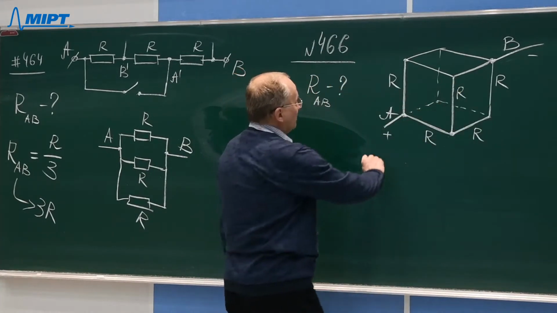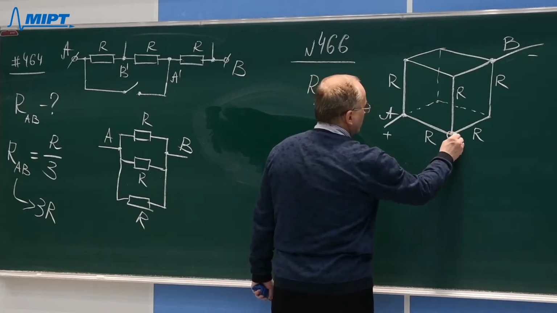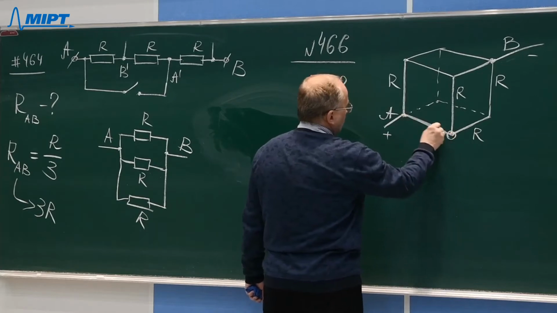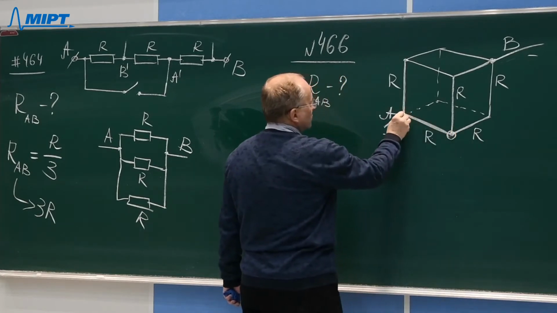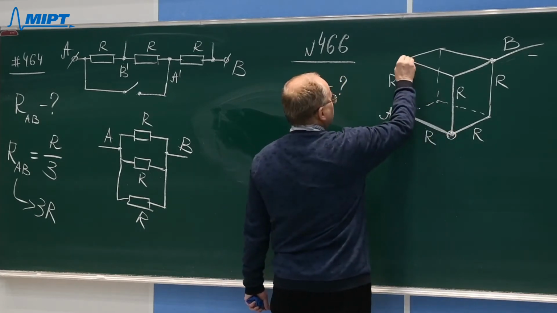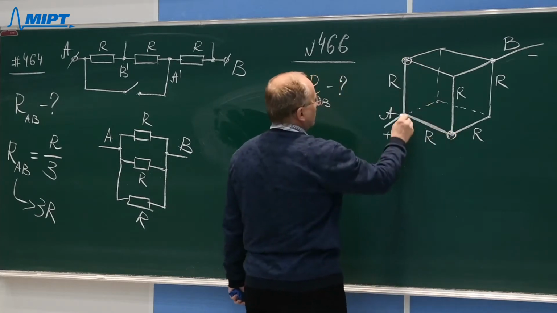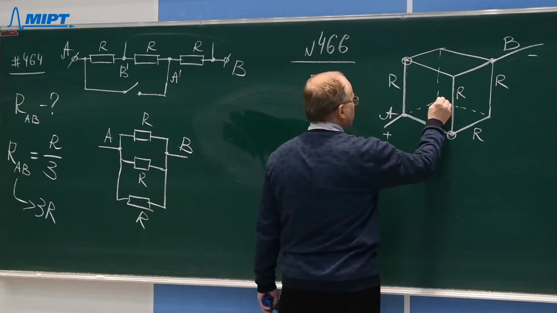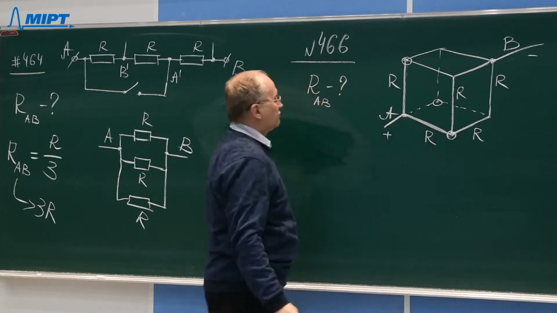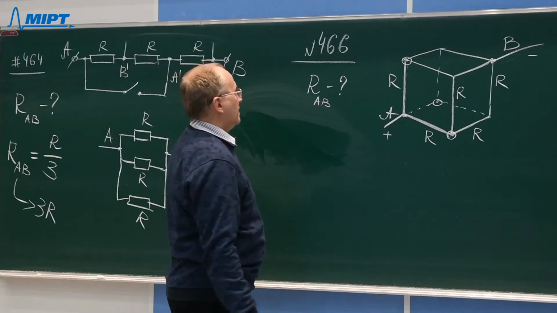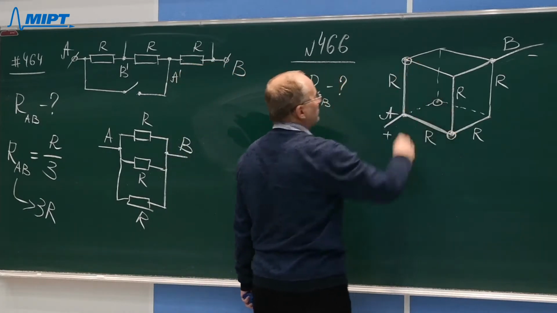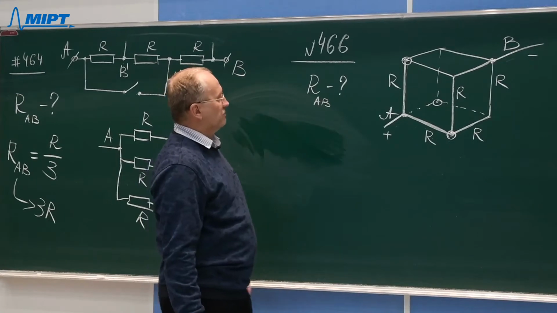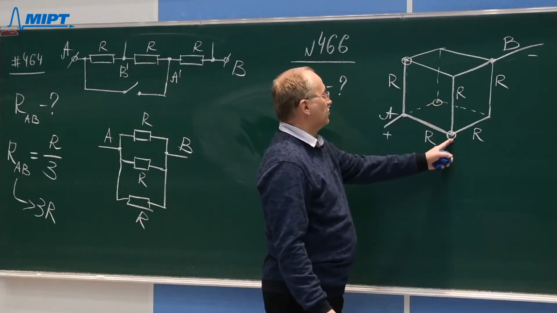And we will find that this vertex, this point, has some potential, which differs from the potential of point A, but this point will have the same potential because its position in the scheme is the same. And also there is another point, this one, which will have the same potential. So these 3 points of the scheme will have the same electrical potential. Therefore, the potential difference between these 3 points is 0.